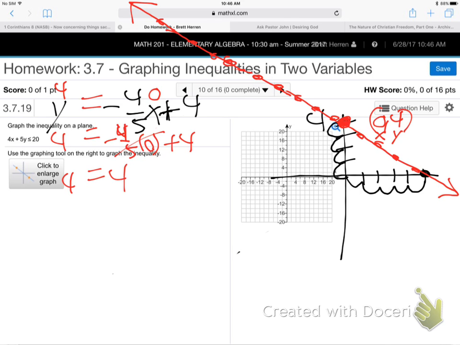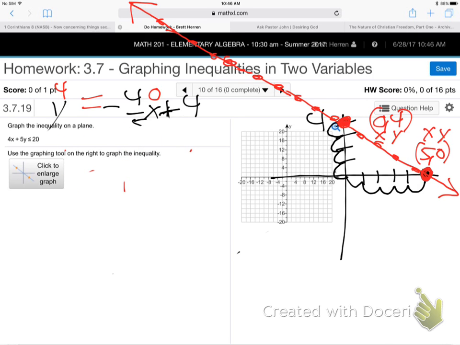How about this other dot over here? What are the coordinates of this dot? 5, 0. Over 5, up 0. Let's plug that in, x and y. That's going to make it true. Let's start over again. It was y less than or equal to minus 4/5 x plus 4.